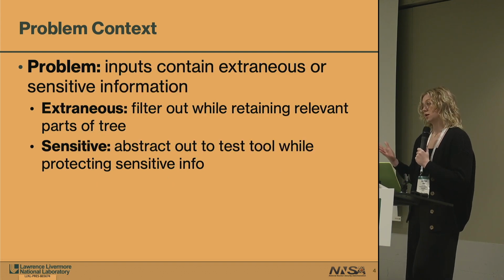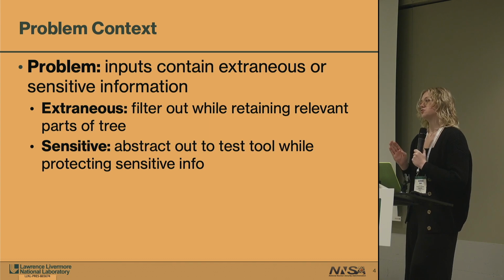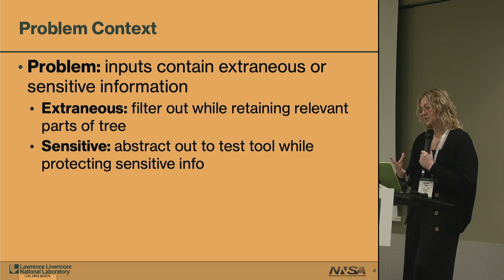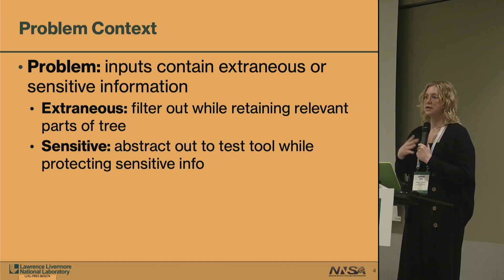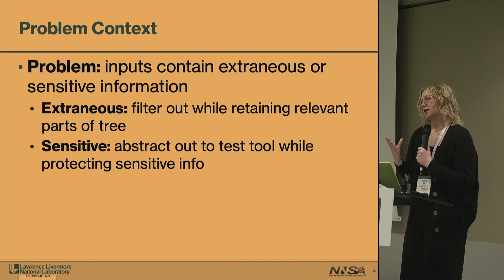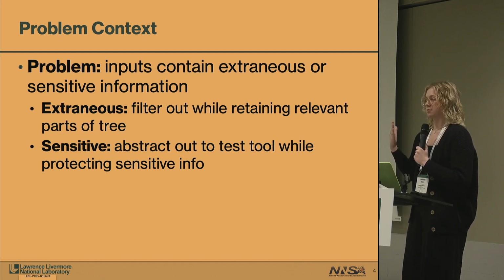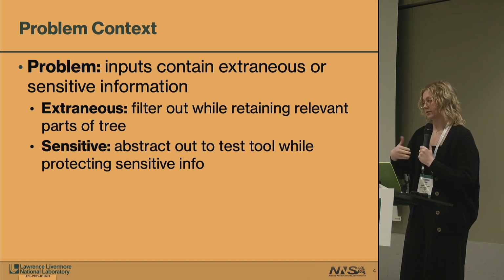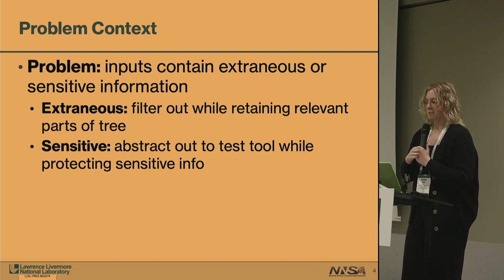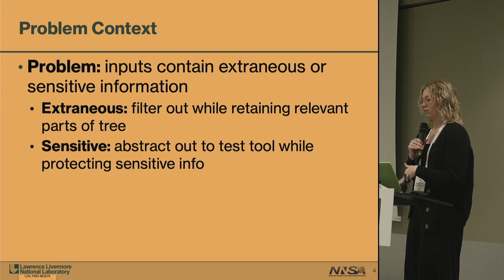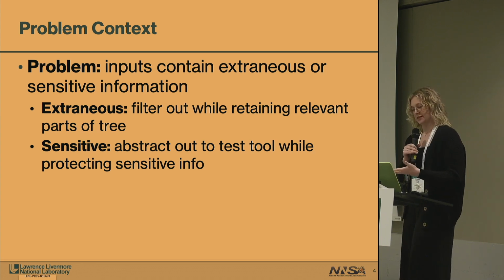Depending on your problem, it may be impossible to generate test cases based on the actual input for the tool due to the presence of an abundance of extraneous information or sensitive information. In terms of extraneous information, you may have a case where it's difficult to just run a processing script on your input and remove all the things that you don't need, but you still need to find a way to efficiently filter out parts of the input program that aren't relevant while retaining all the salient parts of the program for testing.